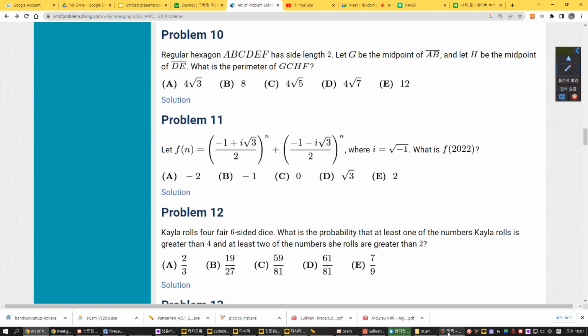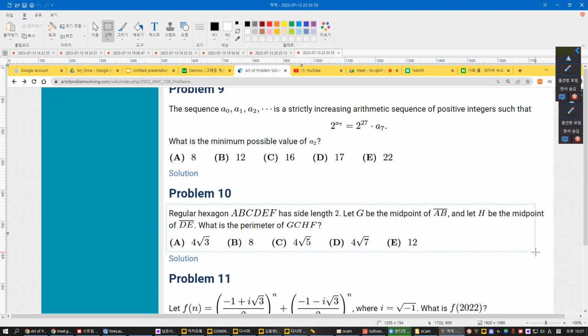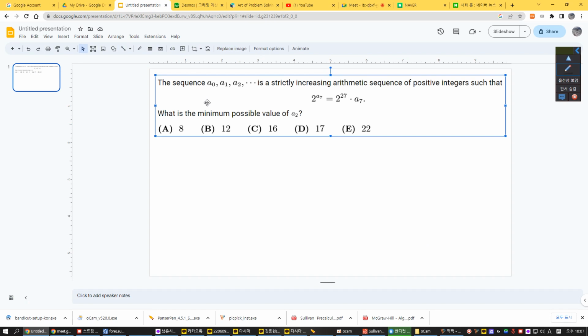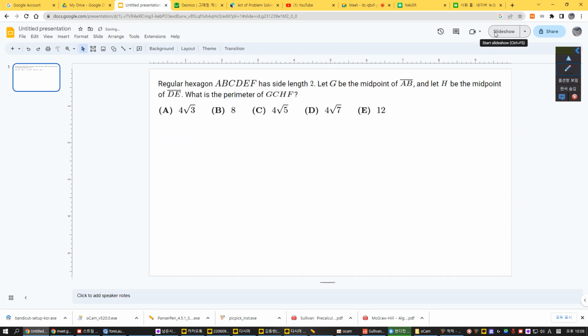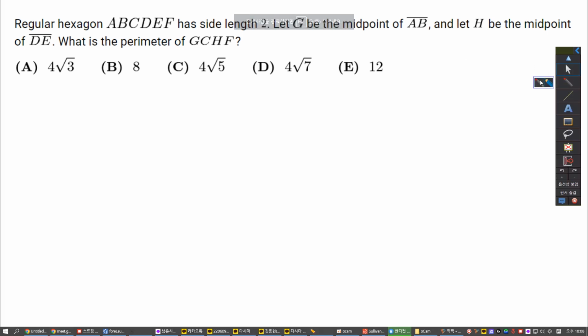For number 10, so let's make a regular hexagon. Side length is 2.